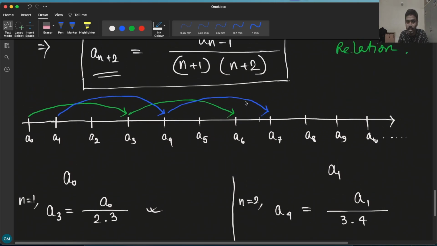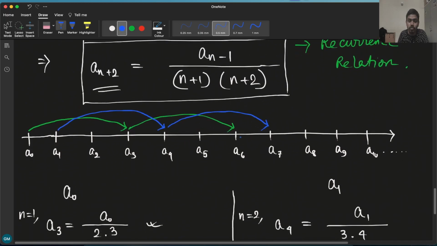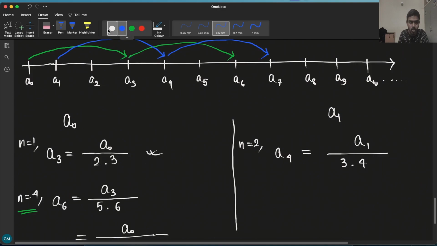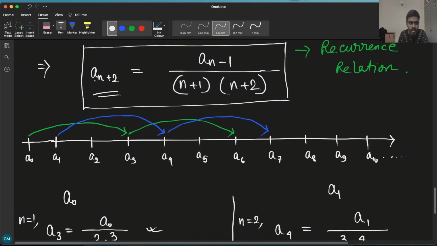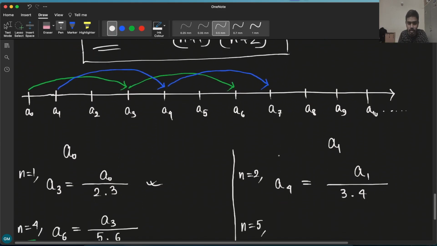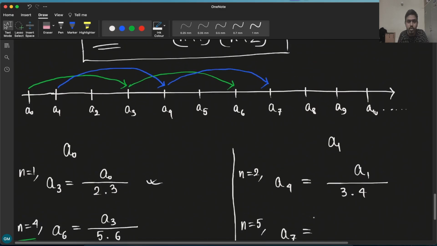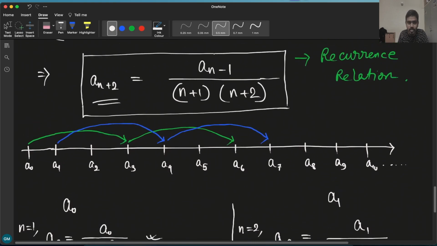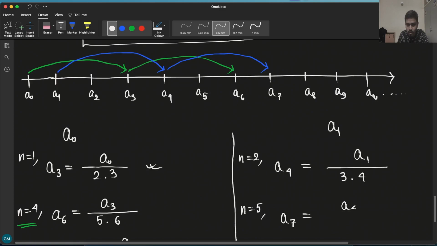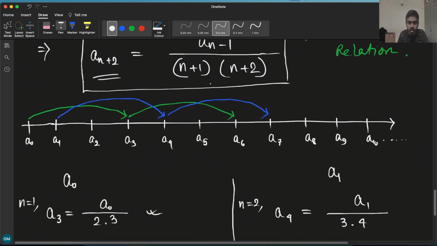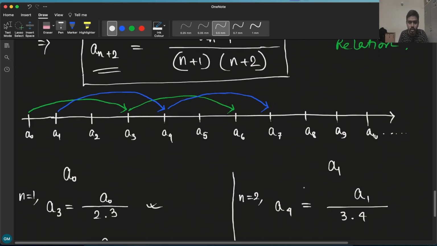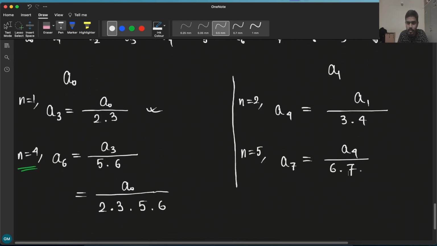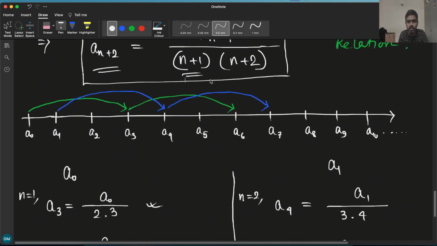In that case, I need to put n equals to 5 in the recurrence relation. Then A7 equals A4 divided by 6 times 7, since n plus 1 is 6 and n plus 2 is 7.